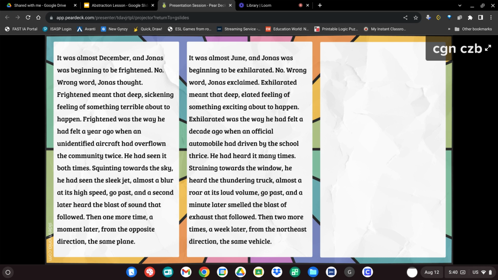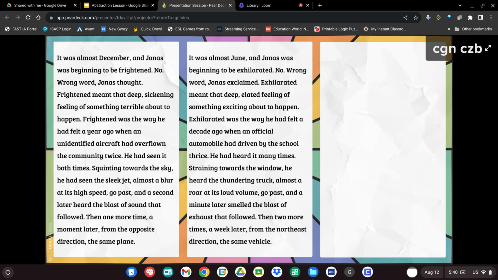So if we look at that first line, up to the comma, it was almost December in our first story. And in our second story, it was almost June. So we could take our highlighter, and you can use any color you want, I don't care. And we would highlight December because that's different in the two stories. Okay, so I want you to go ahead and do that.